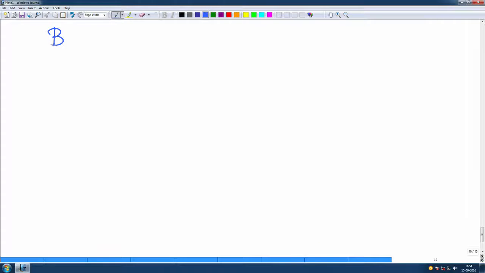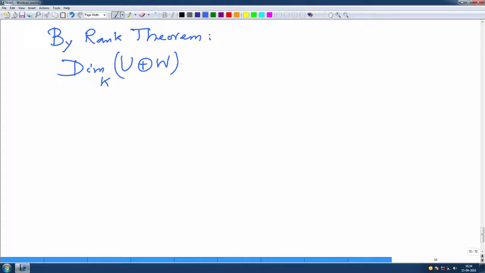By the rank theorem, the dimension of the direct sum is equal to the dimension of the kernel plus the dimension of the image. But we have just seen the dimension of the kernel is precisely the dimension of U.